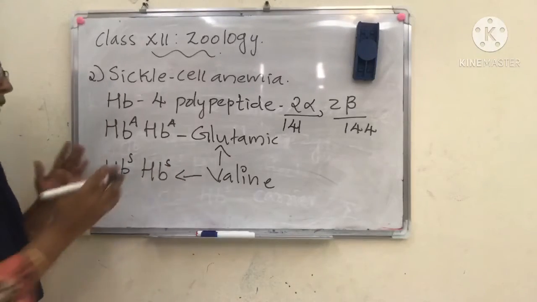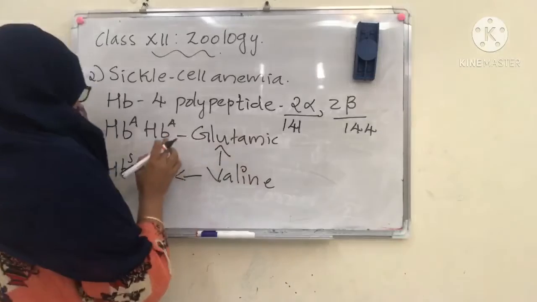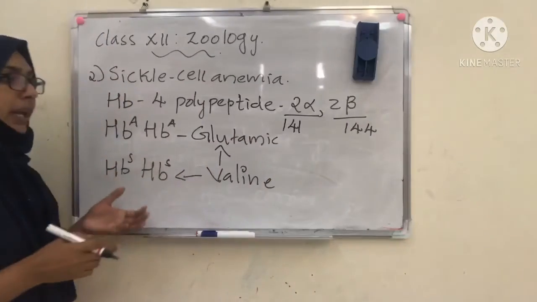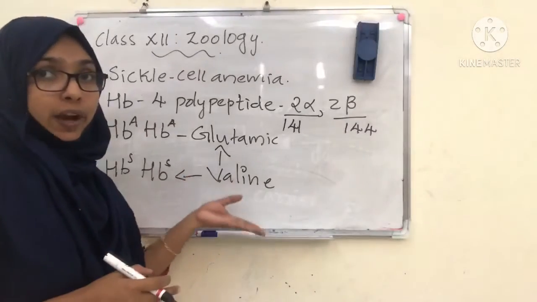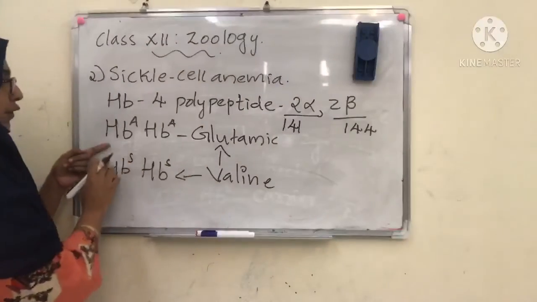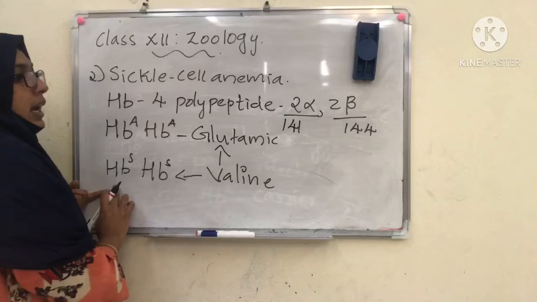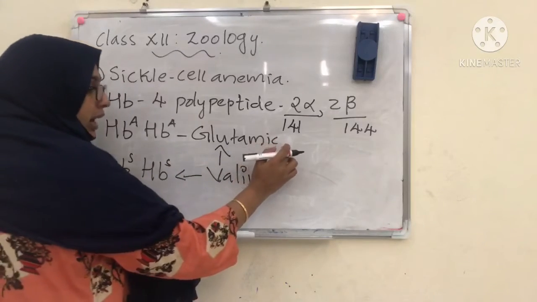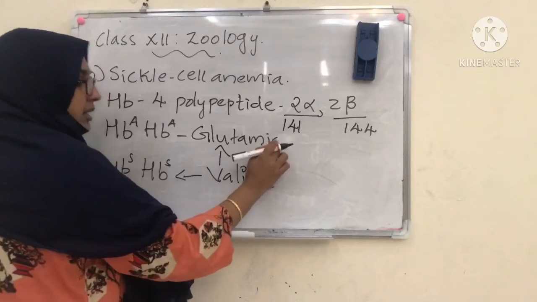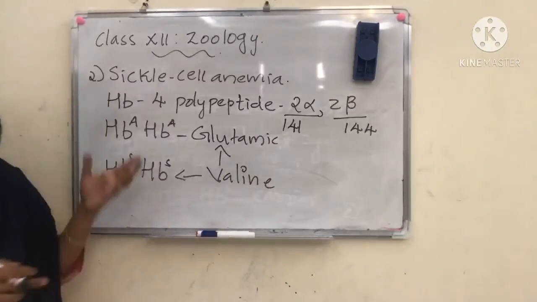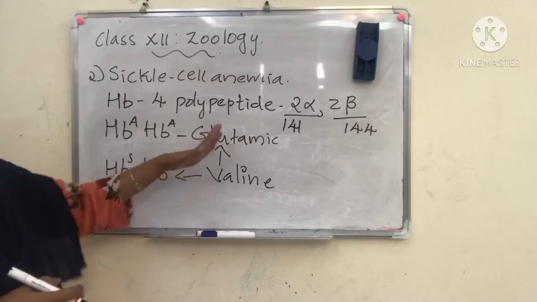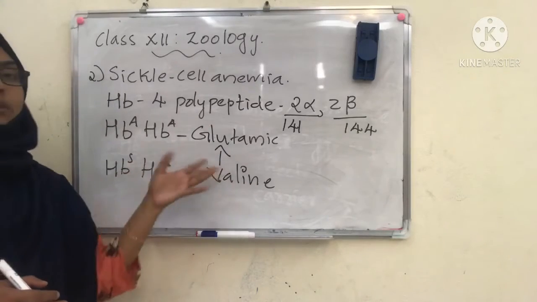So HBA differs from HBS in the amino acid: in the place of glutamic acid, it will be replaced by valine. In HBS, the glutamic acid is substituted by valine.